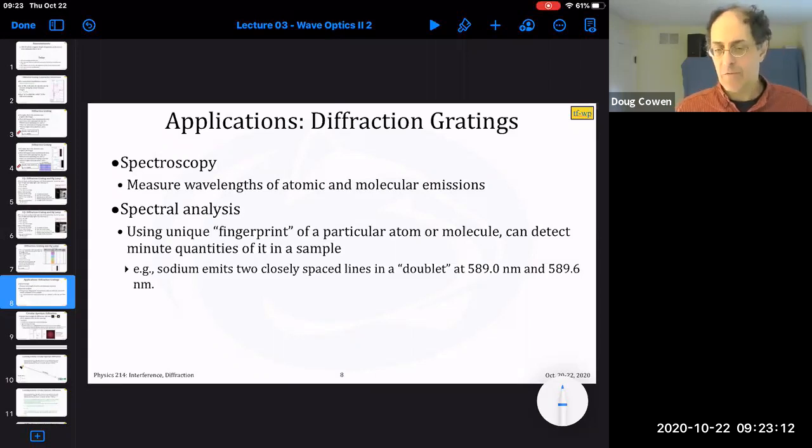But if you have a sufficiently high resolution spectrometer, you'll be able to resolve those two different lines from one another and say, aha, I have sodium in here because I've got these two closely spaced lines, and they're where I expect 589 nanometer wavelength light to be. So you can identify that there happens to be sodium in that sample.